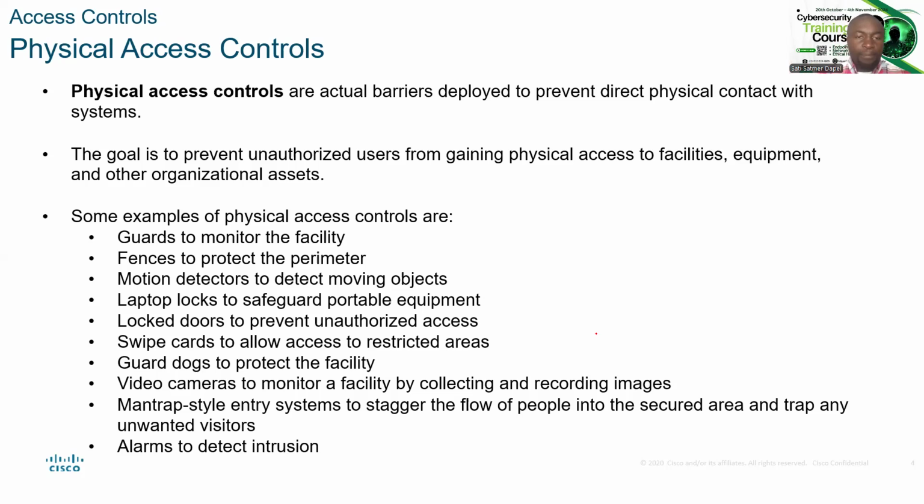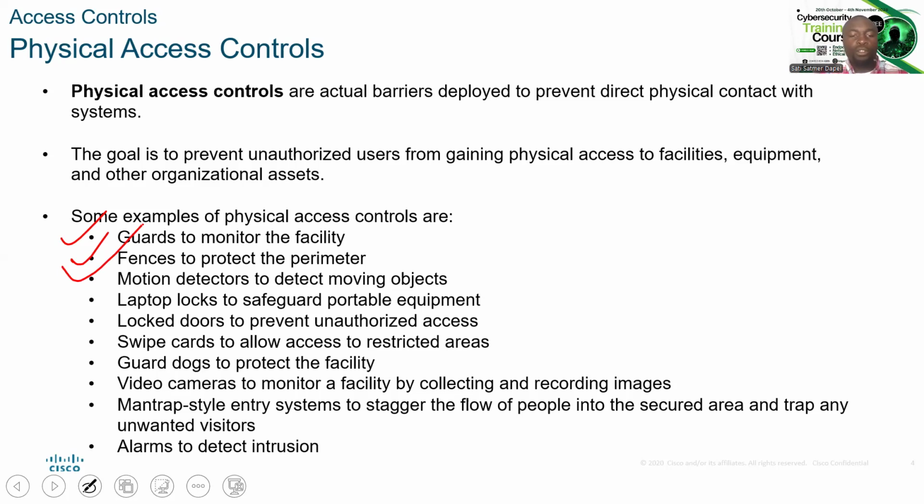Some examples of physical access controls include guards monitoring the facility, where you put a security guard to monitor that particular facility. We have a fence to protect the perimeter, where you create a fence around your facility so that unauthorized access should not be granted.